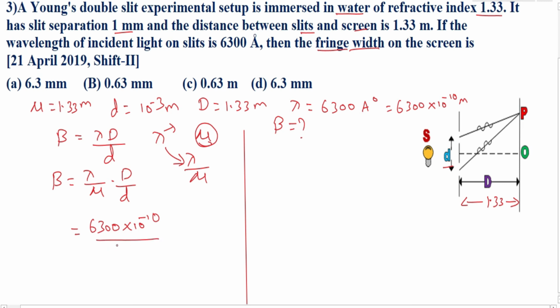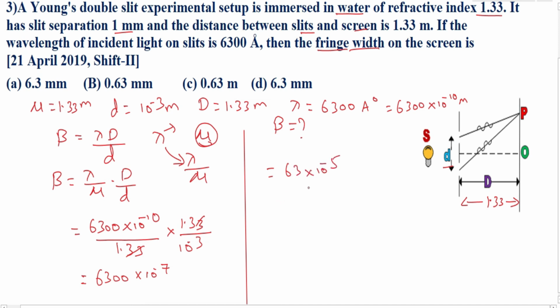Mu is 1.33, into capital D, which is again 1.33 meters, by small d, which is 10 power minus 3. This will get cancelled. Then what will I get? 6300 into 10 power minus 7, that is equal to 63 into 10 power minus 5.